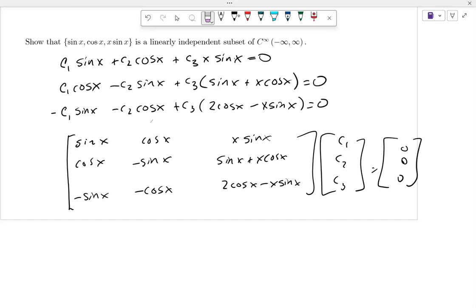All right. If it's going to be linearly independent, what would have to be true about the determinant of this matrix? It has to be not equal to 0, right? So this will be linearly independent if this matrix is invertible, so if the determinant is not 0.